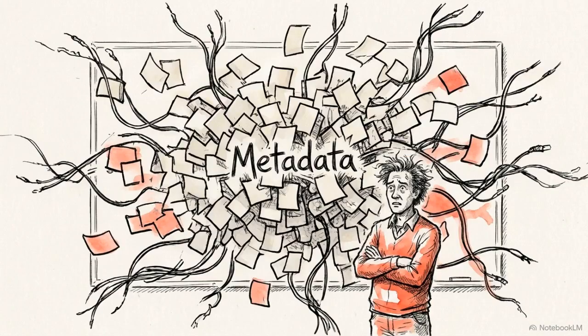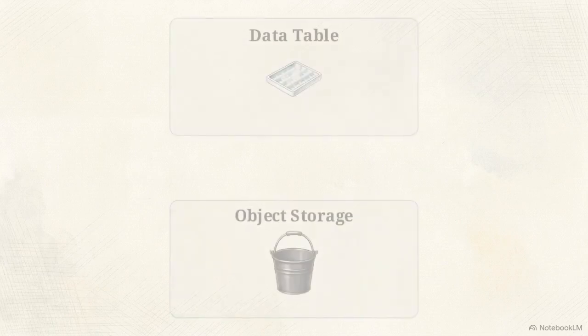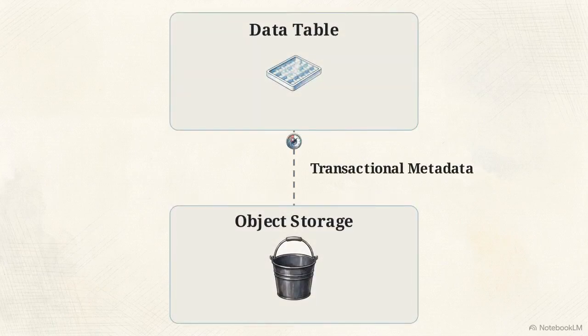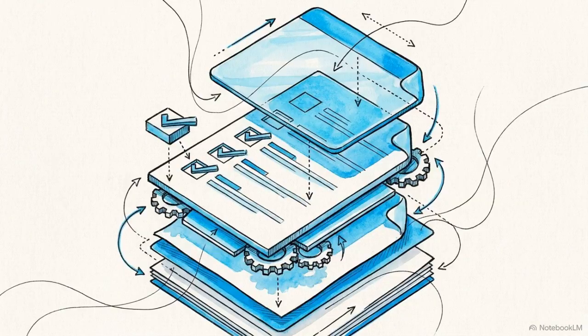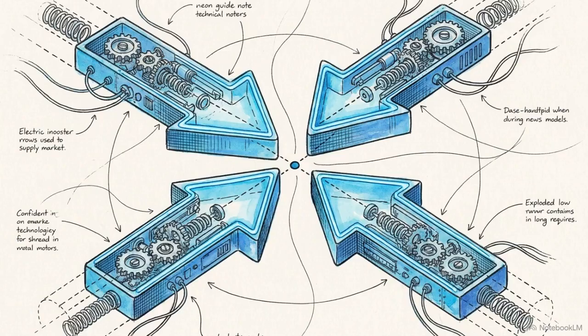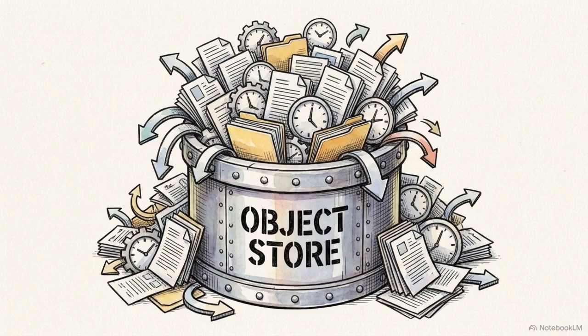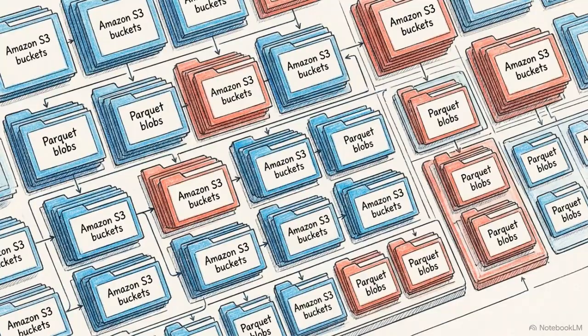But establishing this structure required a massive architectural compromise. To maintain the current state of a table, traditional lakehouses store their transactional metadata, the manifest lists, the snapshot histories, and the file pointers as deeply nested hierarchies of files right alongside the data inside the object storage. Object stores are optimized to hold raw bytes economically and durably.